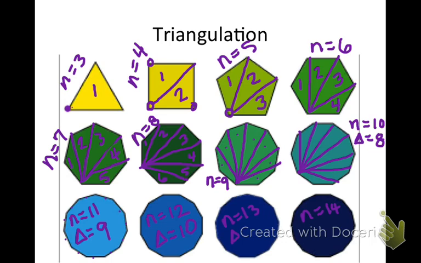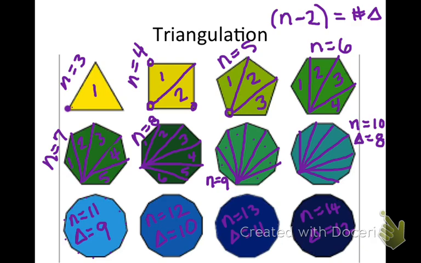So hopefully you can see the pattern that the triangles here will equal 11, and here will equal 12. And in triangulation, if you take n minus 2, you will equal the number of triangles formed inside.